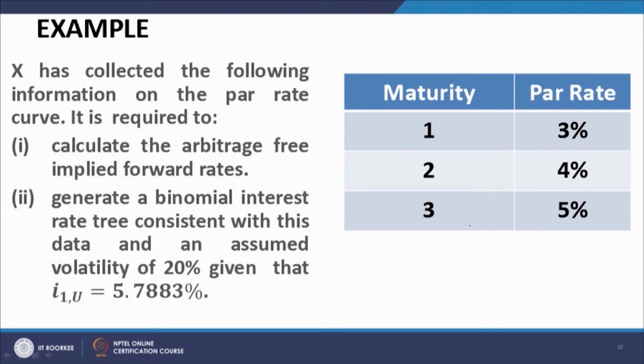What are the rates that are given to us? Par rates that are given to us: maturity 1 year it is 3%, maturity 2 years it is 4%, maturity 3 years it is 5%.